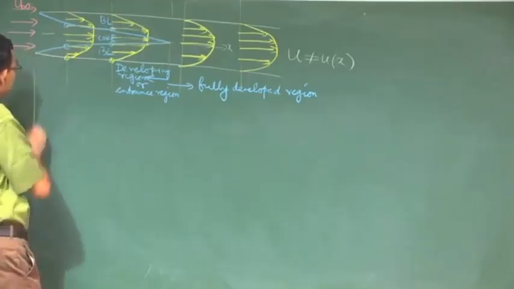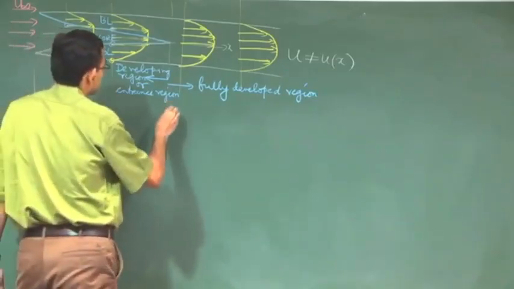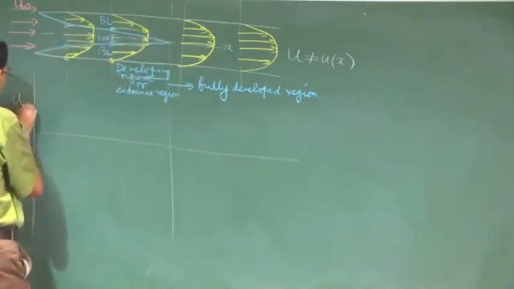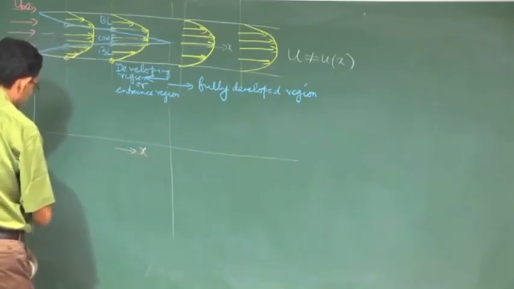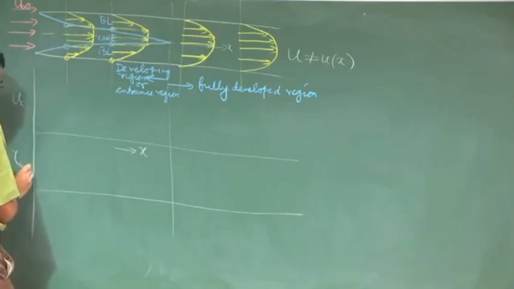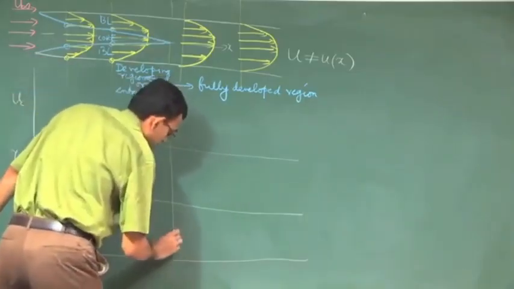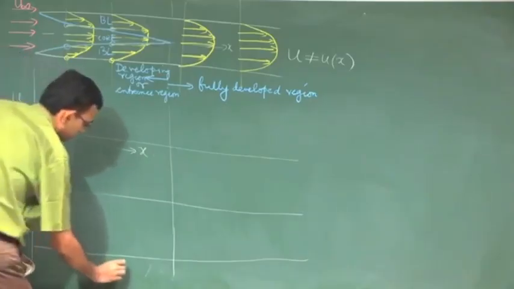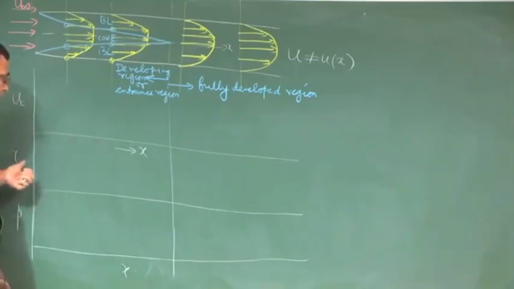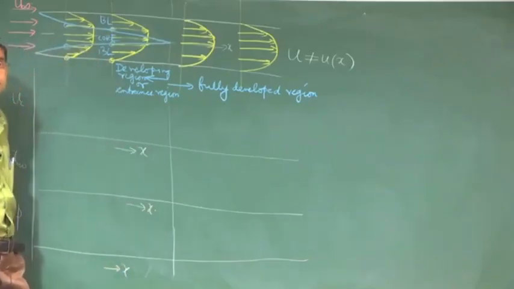Just for the sake of understanding, let us try to make some plots: core velocity versus x, wall shear stress versus x, and pressure versus x.